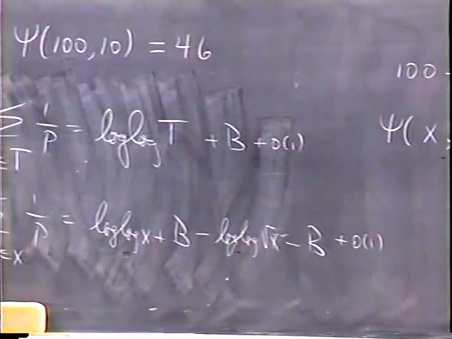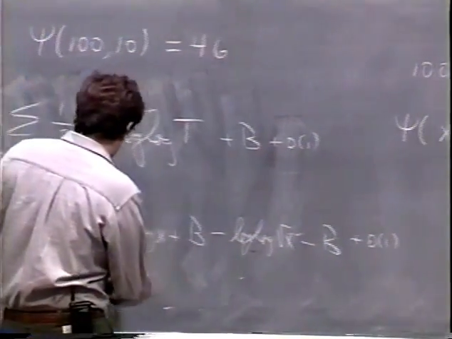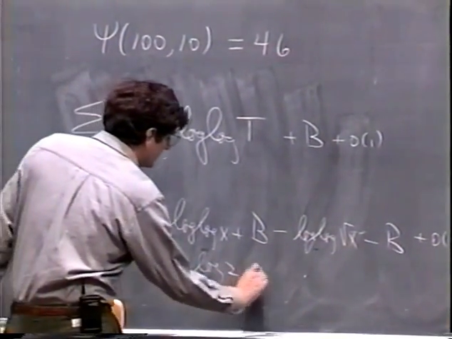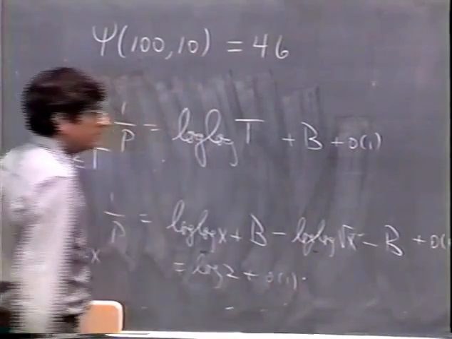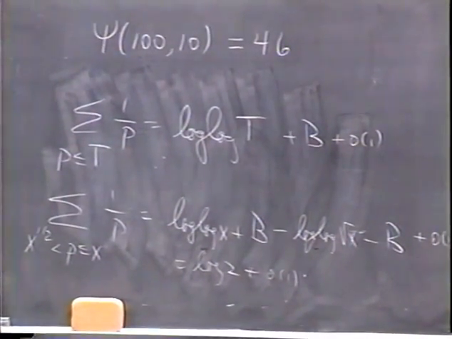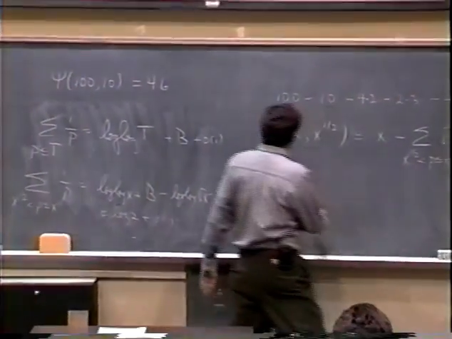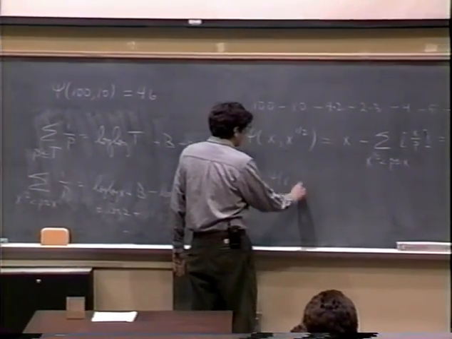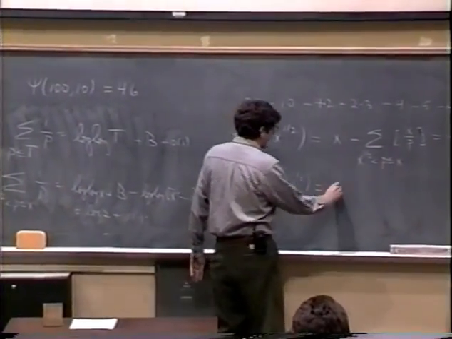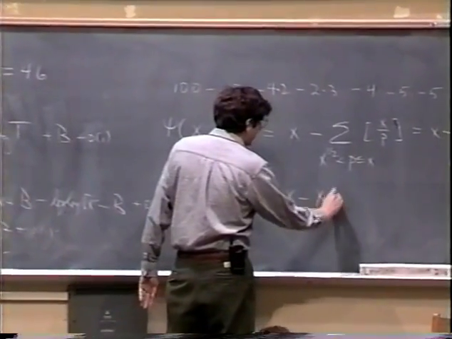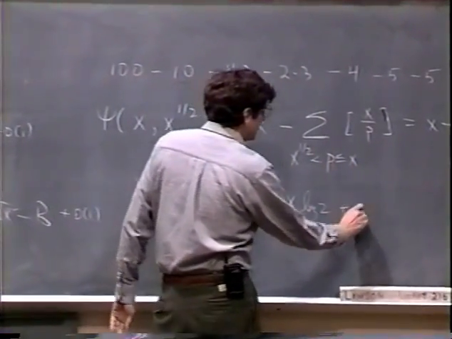Minus log, that's log 2. So this is equal to log 2 plus little o of 1. So what we're getting here for this, that's multiplied by x. So we get that psi of x to the 1/2 is equal to x minus x log 2 plus little o of x.